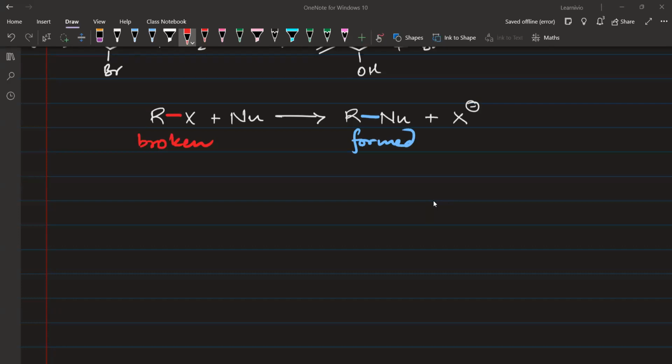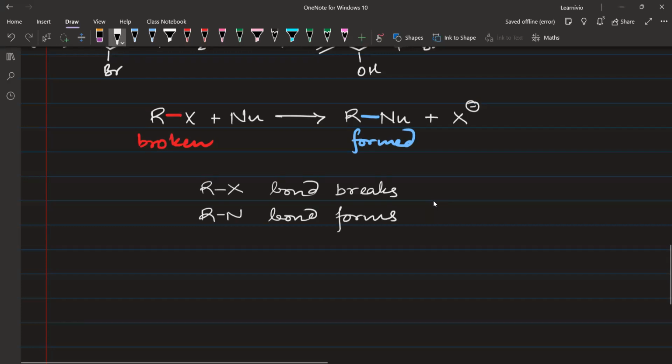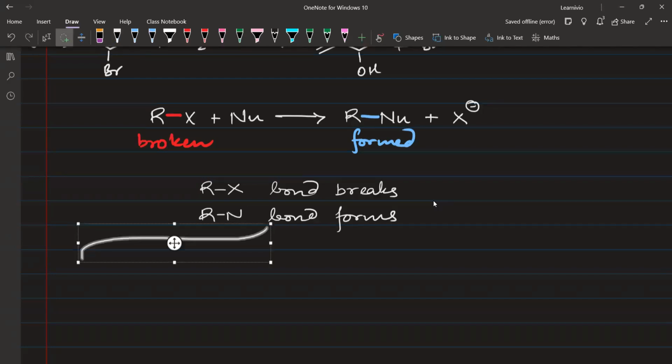Now what is happening, I will write it. RX bond breaks and RNu bond forms. So these two things can happen either in single step or they can happen in two steps. Does that make sense? Please tell me.